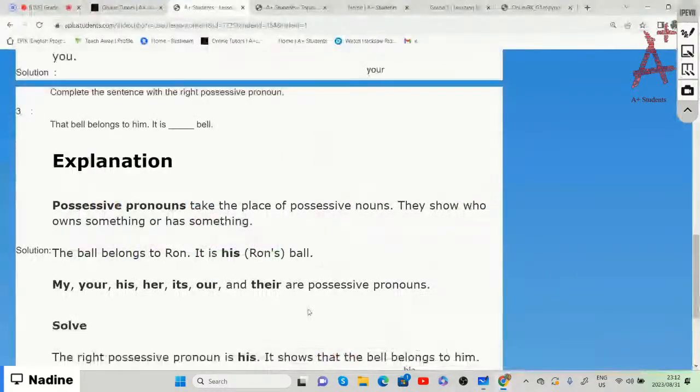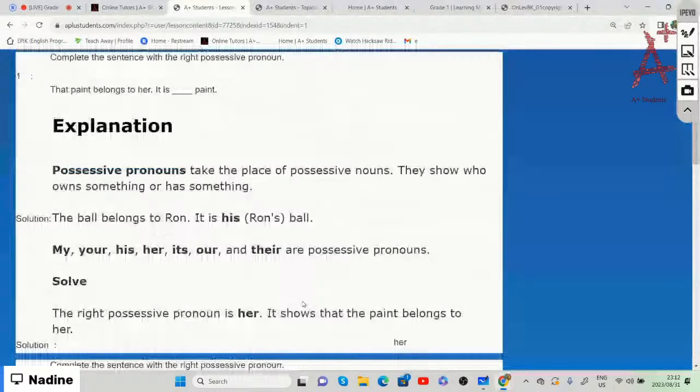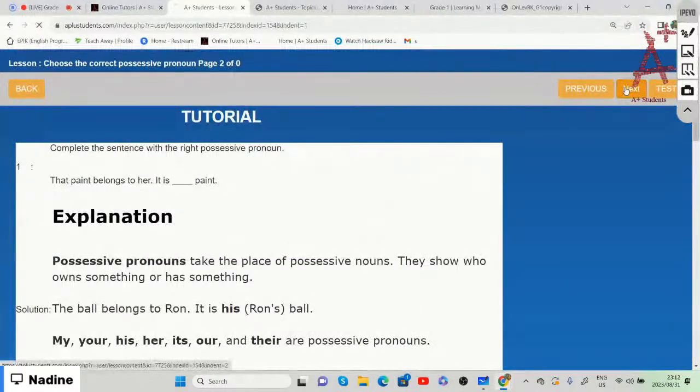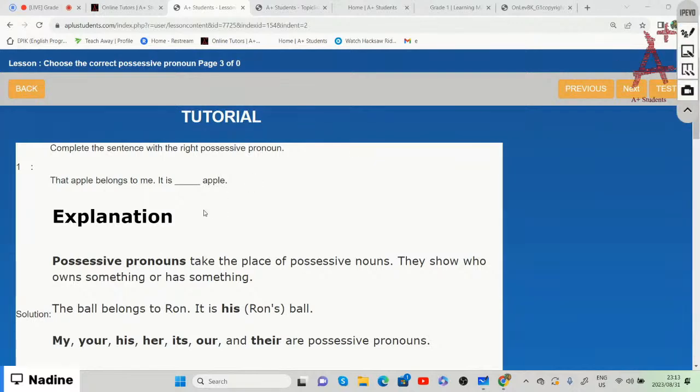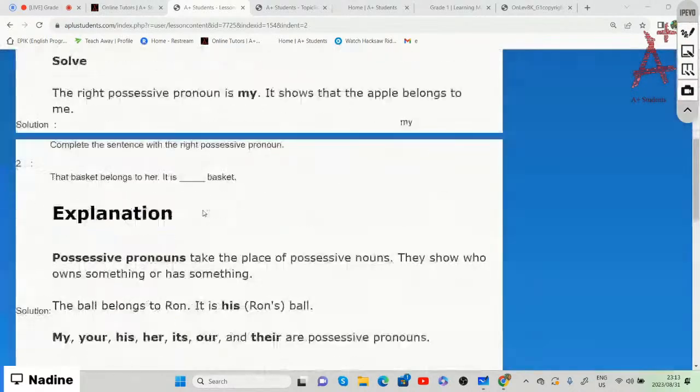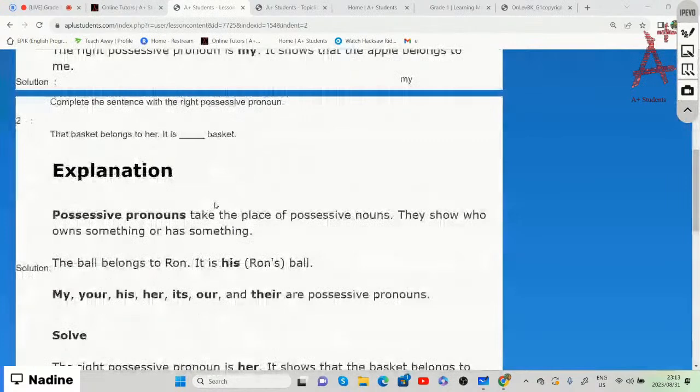All right, so if we go back to the tutorial. Okay, so that basket belongs to her.